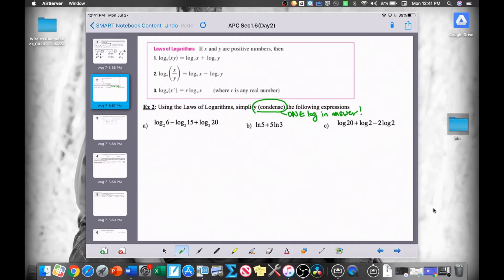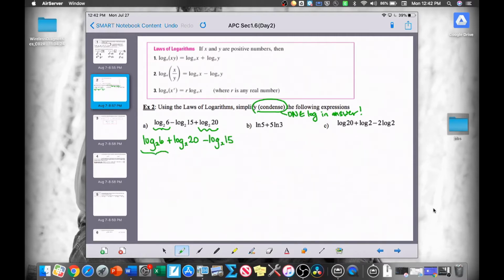So all of my logs are log base 2. I am going to do this in a couple of steps. I'm going to start with the two logs that are positive, log base 2 of 6 and log base 2 of 20. So it might help to rewrite this as log base 2 of 6 plus log base 2 of 20, and then put the minus log base 2 of 15 at the end.